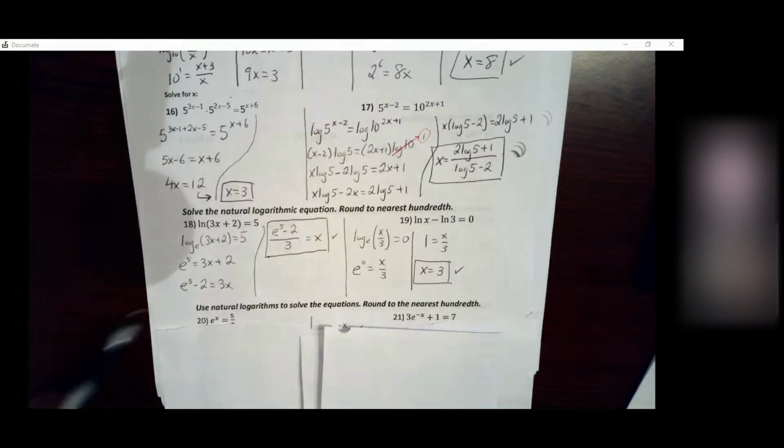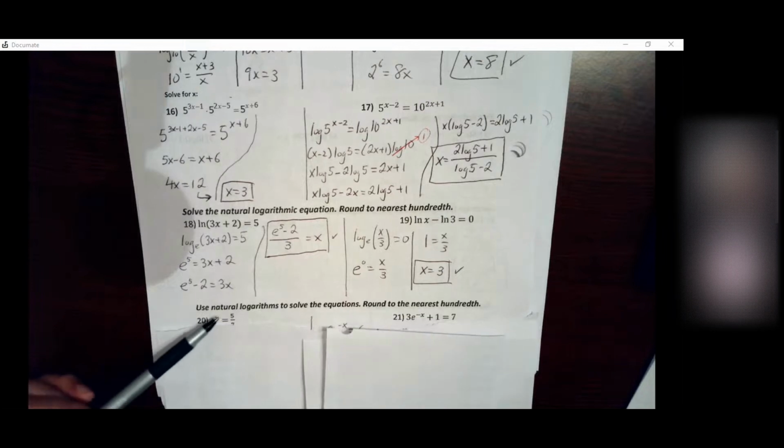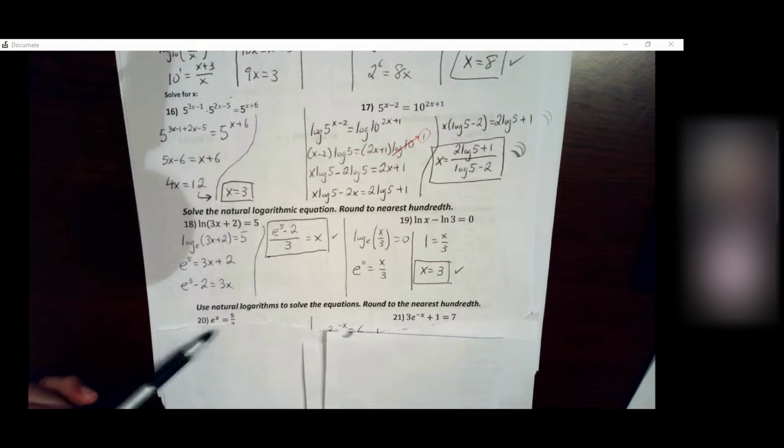Use natural logarithms to solve the equation. Do I have to convert this to log form? Yes. So anytime I'm trying to solve for x and I can't get the bases to match, I'm taking log or natural log to bring that down. You can do logs as well, but natural log is just going to be nicer with base e.